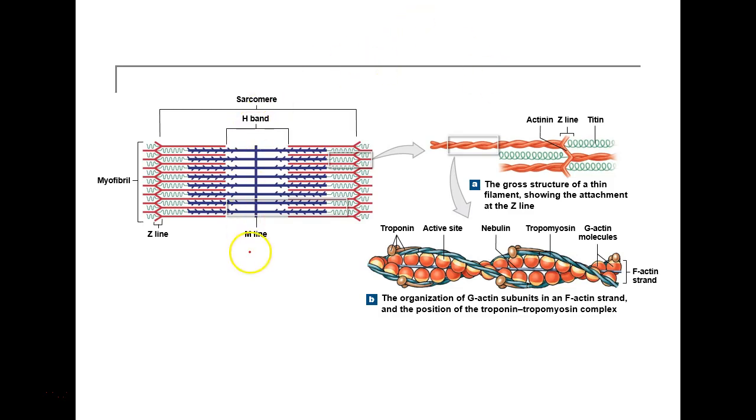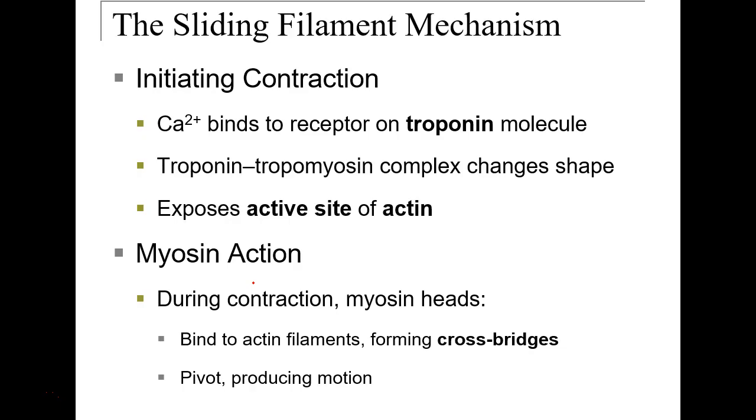So here's just another look at a sarcomere. Okay, so this is known as the sliding filament mechanism. Calcium to troponin, tropomyosin changes shape, exposes active binding site, myosin head binds to actin, forming the cross bridge, myosin head pivots, producing motion.